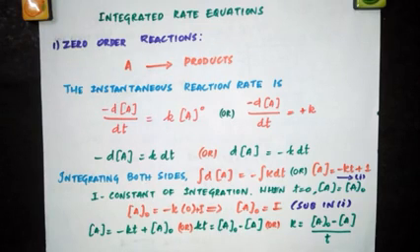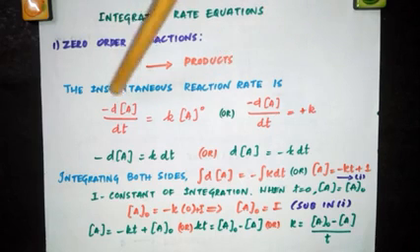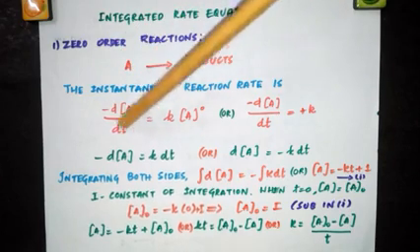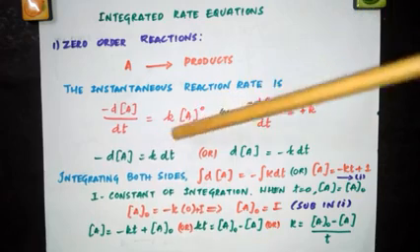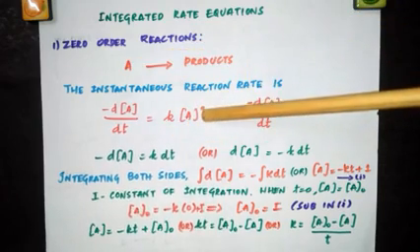We know a zero order reaction implies that the reaction rate is proportional to the zero power of the concentration of the reactants. For this reaction, the instantaneous rate can be written as minus dA by dt, A is the reactant, is equal to rate constant k into concentration of A power 0.